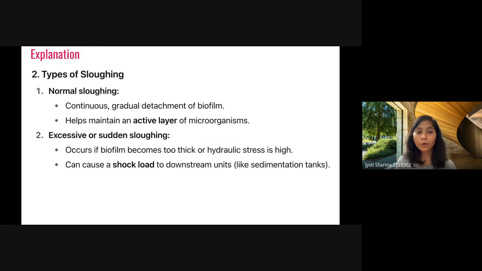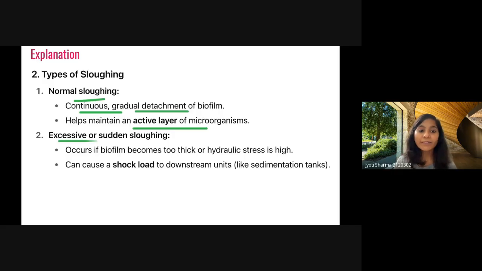Sloughing can be normal, and this is also a continuous process, because there will always be gradual detachment of your biofilm, and this will maintain an active layer of microorganisms, because it removes your decayed or dead microorganisms.